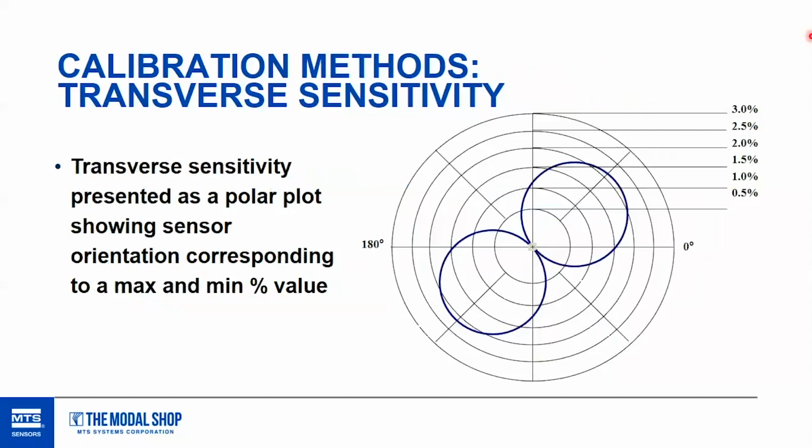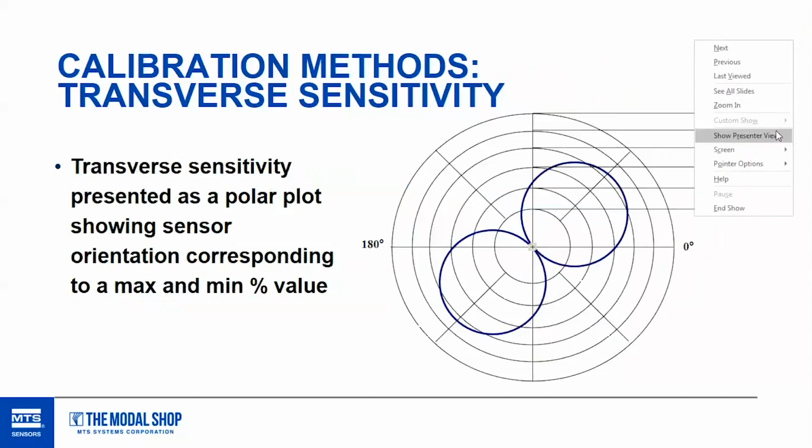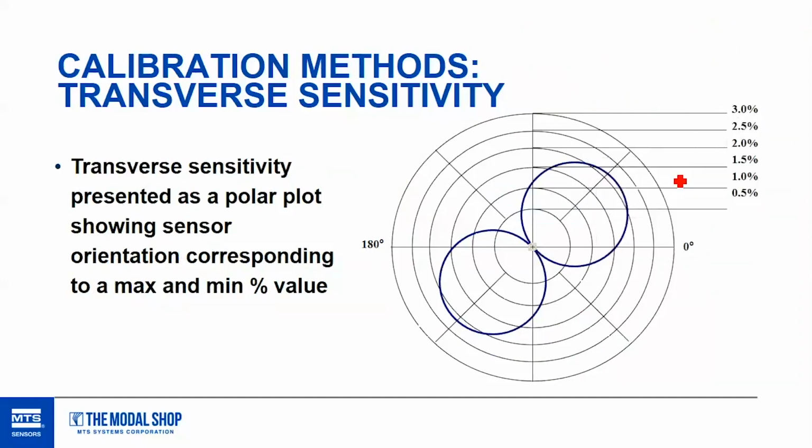So whether you did it on a shaker or whether you did it on an orbital calibrator, you'd see an output that looks like this. And for this type of plot here, you can imagine the accelerometer is mounted in the center of this plate, or the center of this polar plot, going in and out of the page.